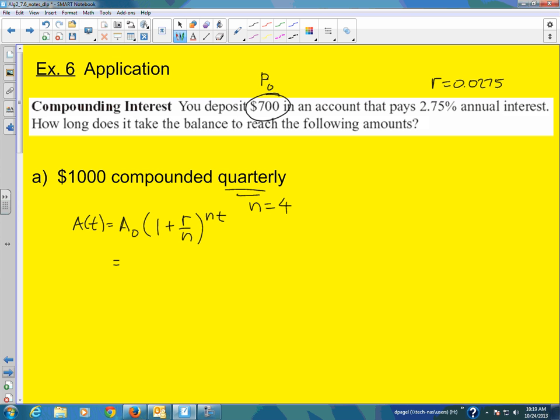So we have 1,000 bucks. Oh, I'm sorry, I didn't read this. We're wanting to reach $1,000. Okay, so we're trying to make 1,000 become our final amount. We started with 700. We have 1 plus 0.0275 all over 4, to the 4t power.